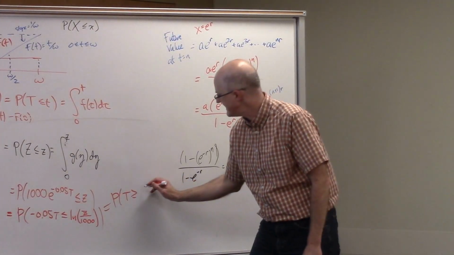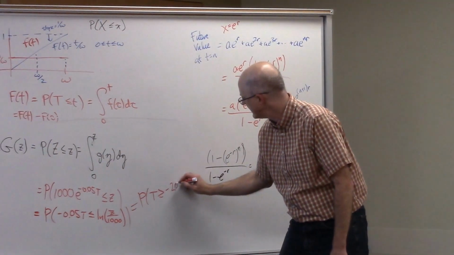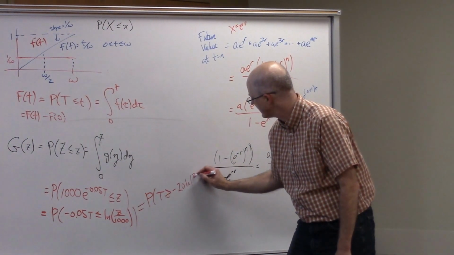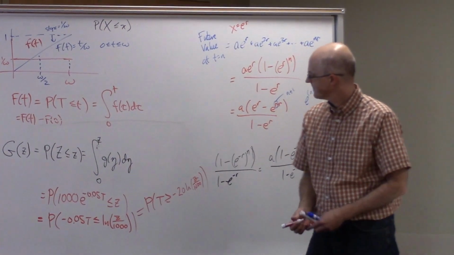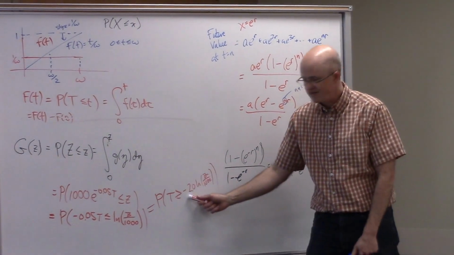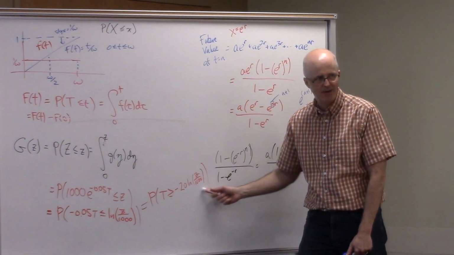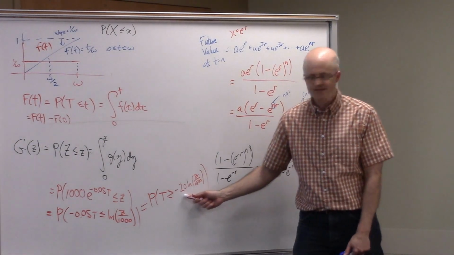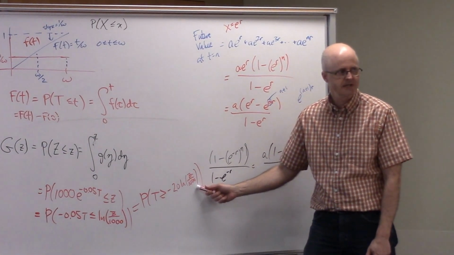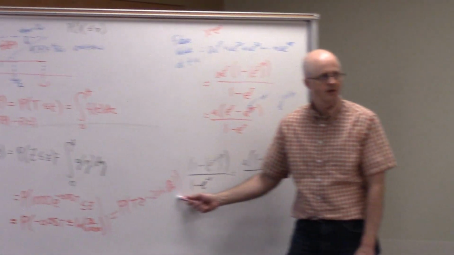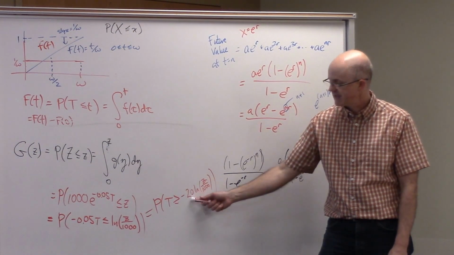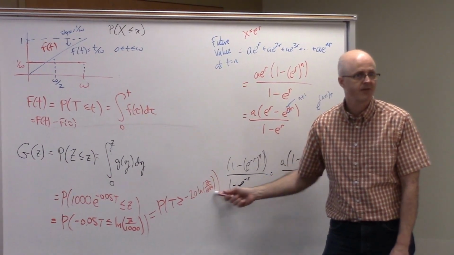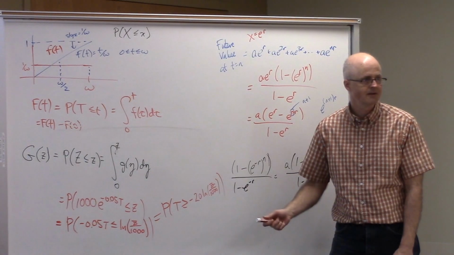So I could really write a negative 20 natural log of z over 1,000. Now realize, even though you see a negative sign here, that this quantity over here is actually a positive quantity. If z is between 0 and 1,000, which it is, then you divide it by 1,000, you get a number less than 1. And the natural log of a number less than 1 is negative times a negative, which is positive. This is actually a positive quantity in disguise here on the right.